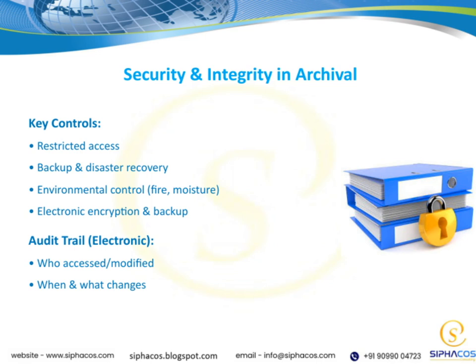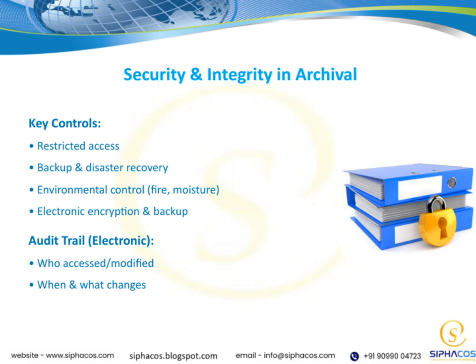Speaking of digital safeguards, electronic encryption and backup add layers of security to our digital records. Encryption makes data unreadable to unauthorized users, and regular backups ensure data integrity even if a breach or failure occurs. Now, to keep everything transparent and accountable, we have an electronic audit trail.